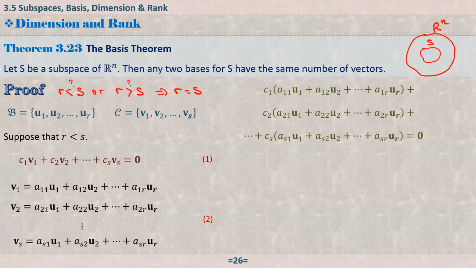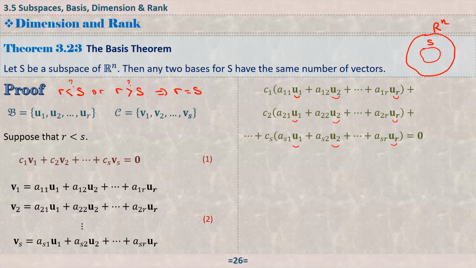So now I can regroup this. As you see here, we have a long expression. Now, as you see here, U1 is a common vector, and all of these are the coefficients of U1. Plus U2 is also like a common factor, a common vector here. And also here we have UR as a common vector.